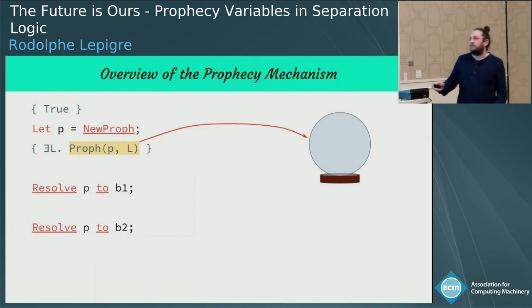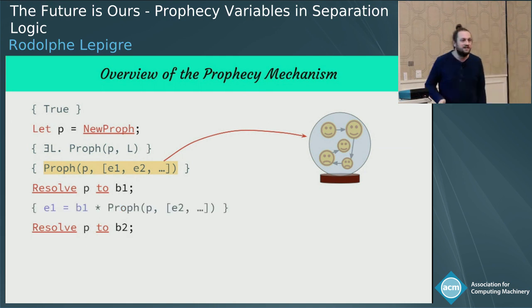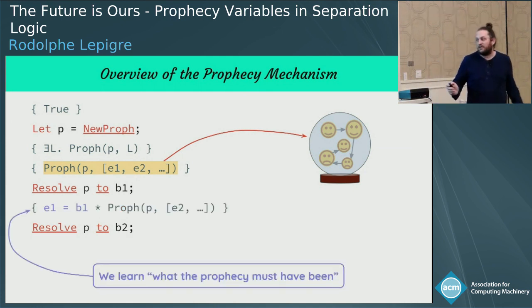So now, for simplifying things a bit, I'll just assume that L starts with two elements, E1 and E2. And so let's see what happens when we resolve. So when we resolve, two things happen. The first one is that we actually learn what the prophecy must have been. So you can see that we've resolved to B1, and in the prophecy assertion that we had, the first prediction is E1. So we've now learned that E1 and B1 are the same thing.